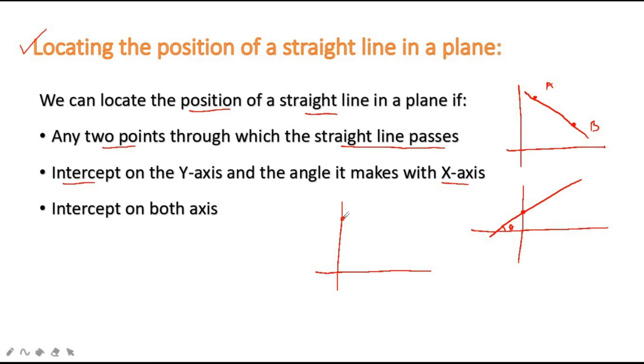So if the intercepts on both the y-axis and x-axis are given, then we can generate the equation of the straight line and accordingly plot or graph it in a plane.